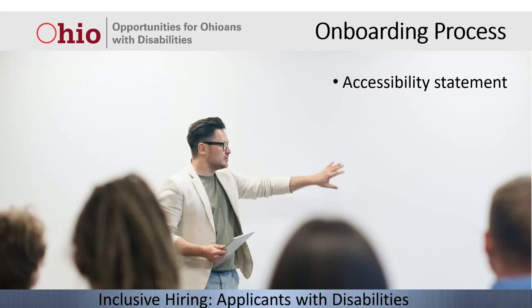When you inform the new employee with this level of detail, it enables an employee with a disability to determine if an accommodation is needed. Including the accessibility statement informs the employee of how to request one.